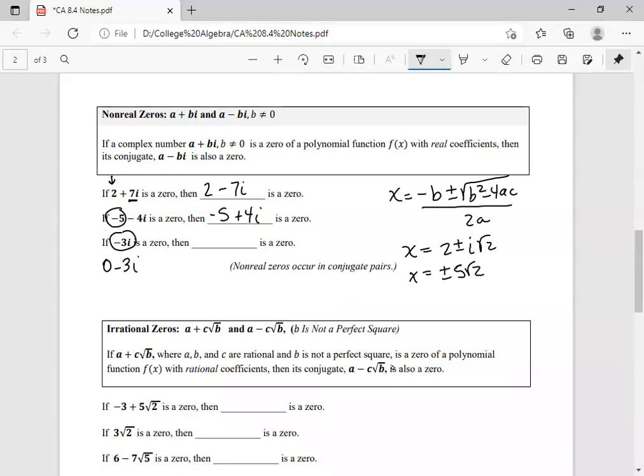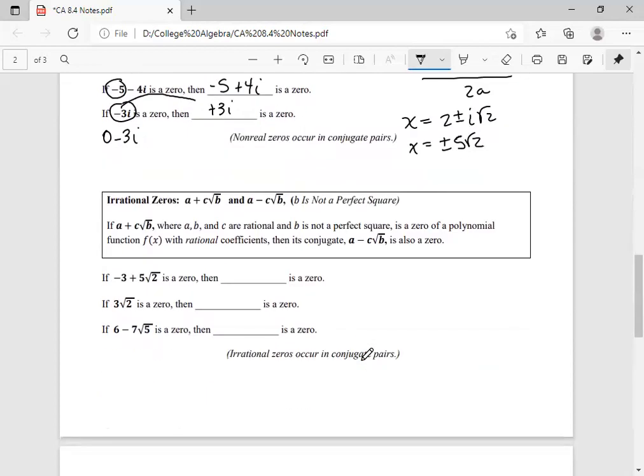If you don't have a number in front of the i term, you don't have to put it. It's just the other one would be a positive 3i, a negative 3i and a positive 3i. That would be one of those cases where the number in the front is 0. It just went away, right? So if you have an i term, you're going to leave whatever number is in the front alone, but the i is going to be the opposite. Both of those can be roots or zeros.